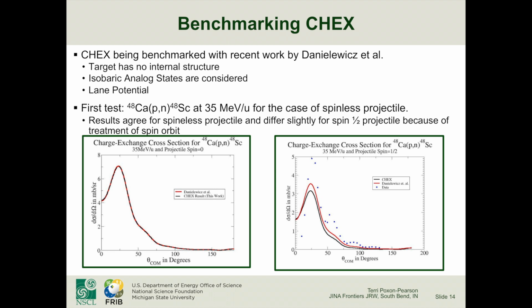When you include the spin, we have a small difference, but that just has to do with choices that Danielewicz's group made for the purposes of their experiment. We are formally the same. And this shows you the data. So we're in agreement with the shape, but not the magnitude, which is what we expect.